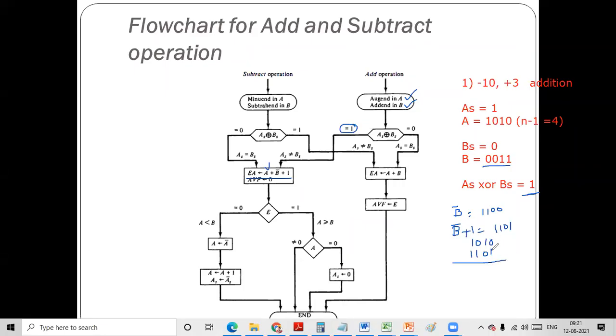Now add these two. 0 1 is 1, 1 0 1, 1 0 1 1, 1 1 is 0 and 1. You got this, where is it stored? It is stored in E flip-flop, the extra bit out of the n minus 1 bit register.